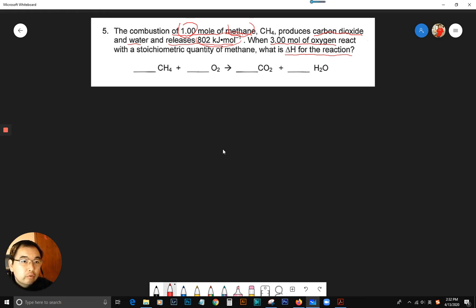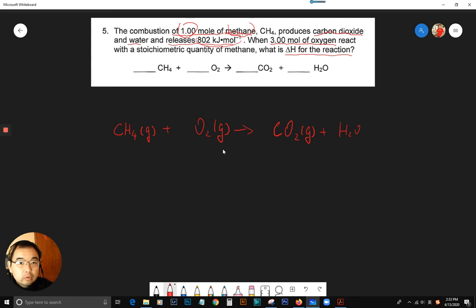Okay, so first we need to set up the equation and also the enthalpy associated with the equation. So let's set up the equation. The methane gas is reacted with the oxygen gas, and when it combusts, it generates CO2 gas plus water.